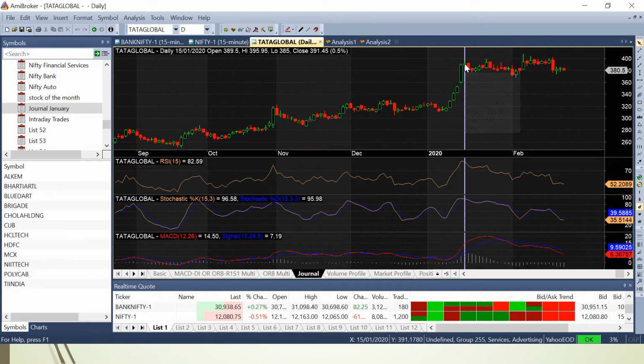So 95 to 87 to 43, whereas the price has increased from 395 to 399 to 408. So price peaks are rising while stochastic is falling. This combination is negative divergence for stochastic.